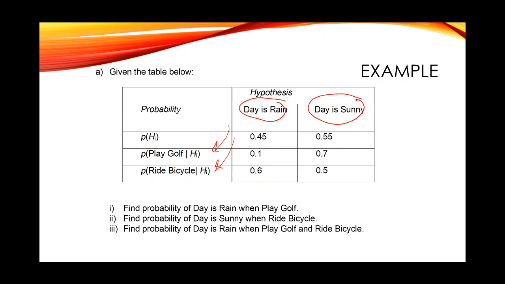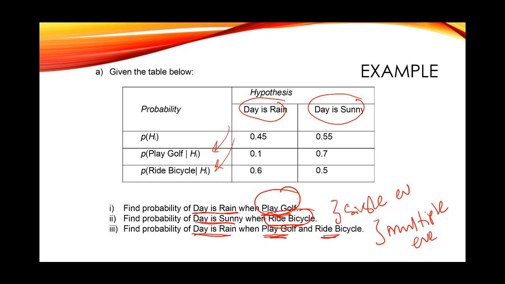You are going to find the probability of the day being rain when you play golf, and the second question, the day being sunny when you ride a bicycle. And the last probability is the day being rain when you play golf and also ride a bicycle together. So these two would be single evidence and this is multiple evidence.